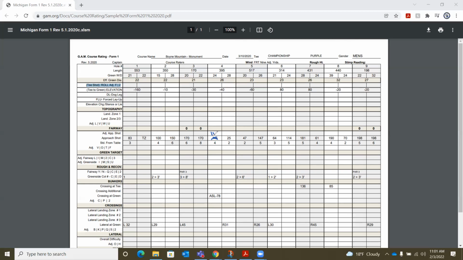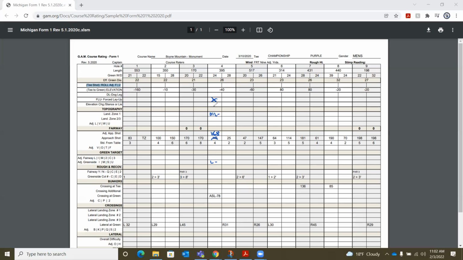So we change this to 168. Wasn't the best drawing, but 168. We're still going to have our L minuses because we're hitting less than a full shot. But in this case, because it's a layup by choice, we do not put anything here. So there's no value that goes here.